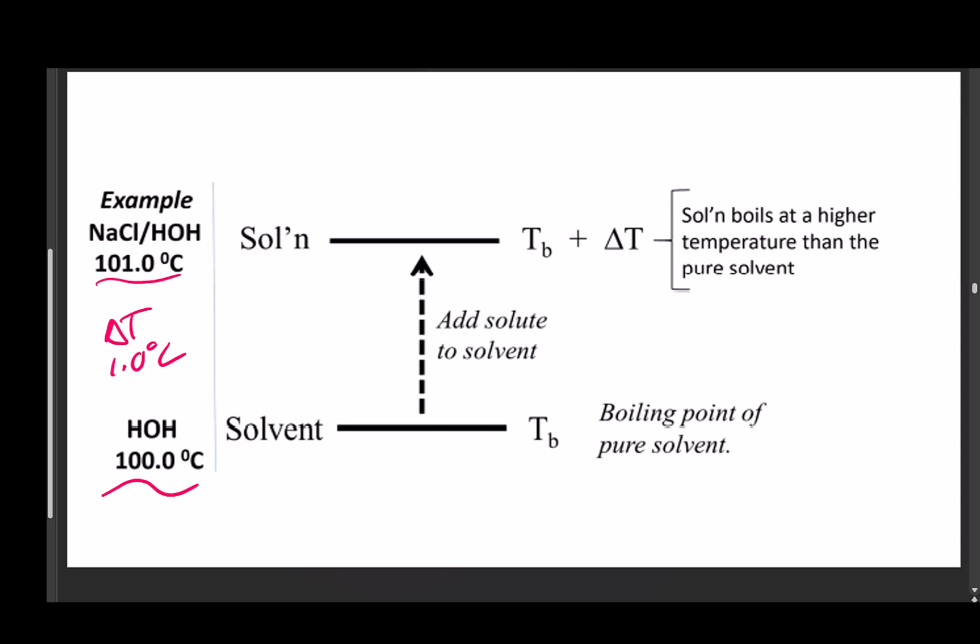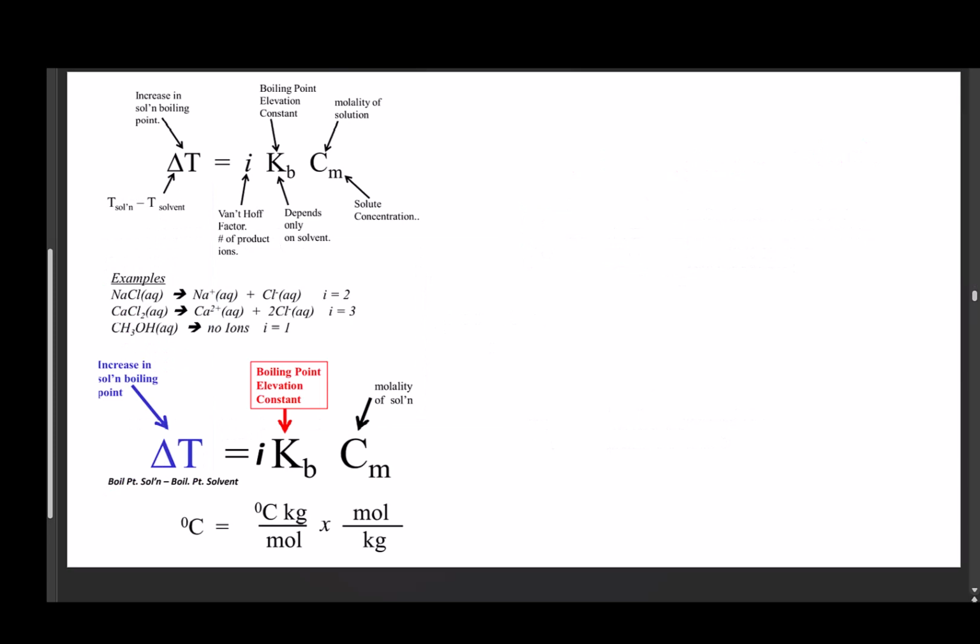Van't Hoff figured out how you can actually calculate delta T. So he said that the boiling point of the solution is equal to the boiling point of the pure solvent, which here I'm using water as an example, plus the change in boiling point due to the solids in the solvent. And his equation to calculate delta T is given here, which I would give you on a test.